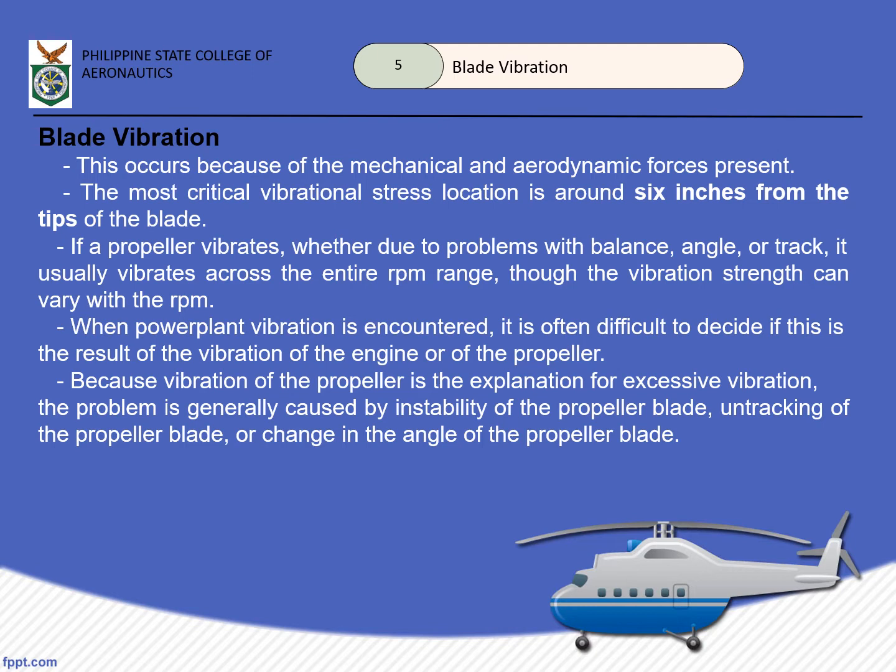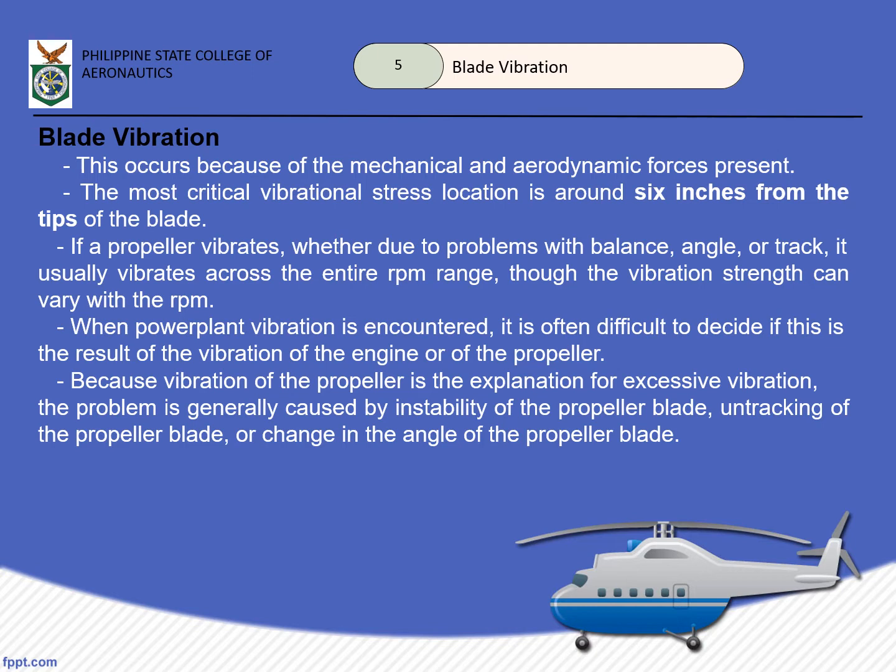Now, for the next bullet, when power plant vibration is encountered, it is often difficult to decide if this is the result of the vibration of the engine or of the propeller. Paano ba natin masasabi? From propeller siya if yung hub natin is nagmo-move in a way na nagka-create siya ng little loops.